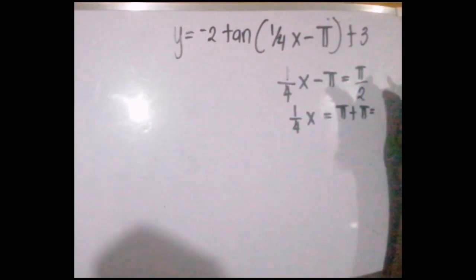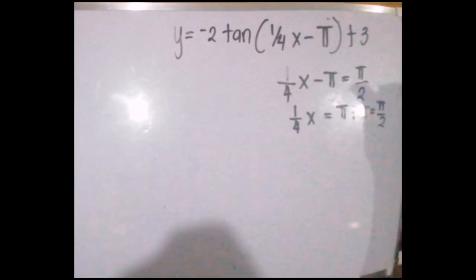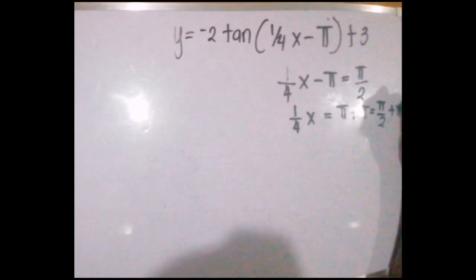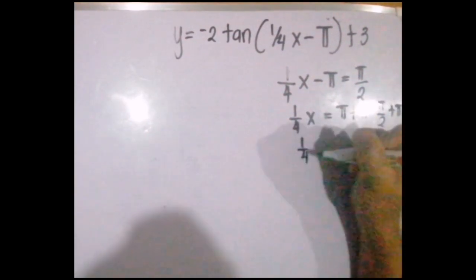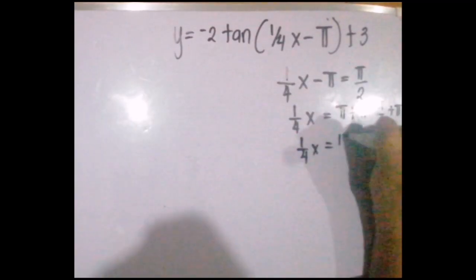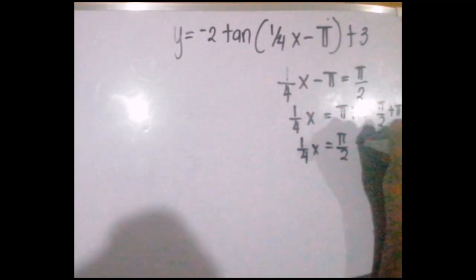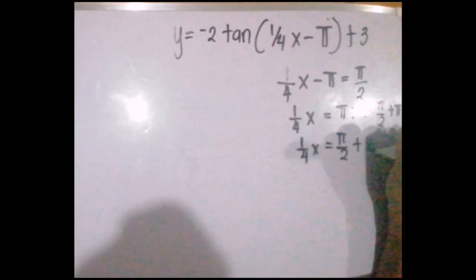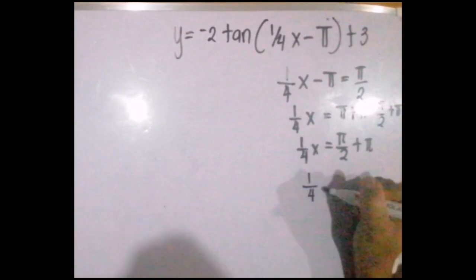We're going to add pi to both sides. So 1/4 x equals pi over 2 plus pi.